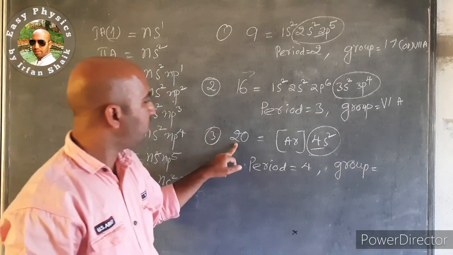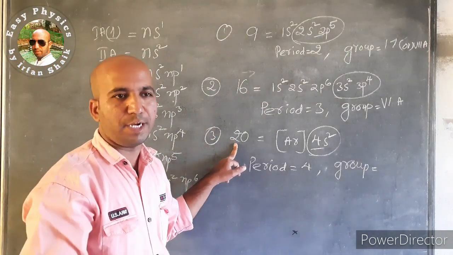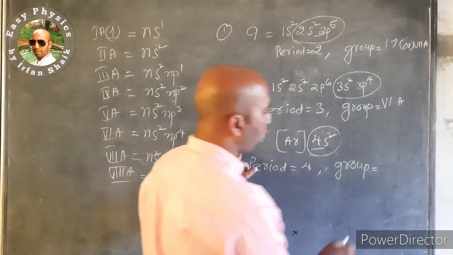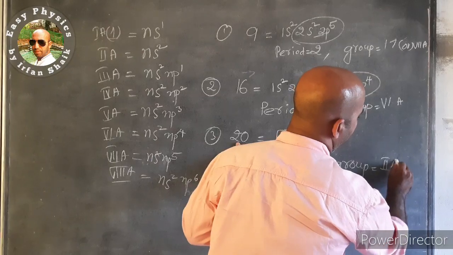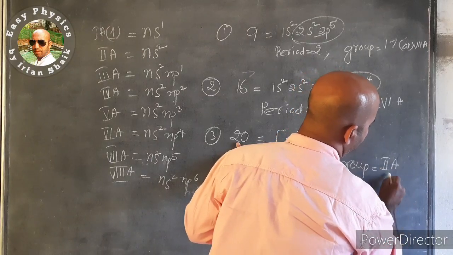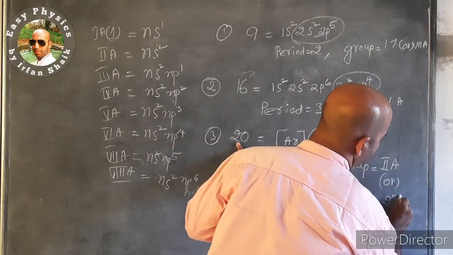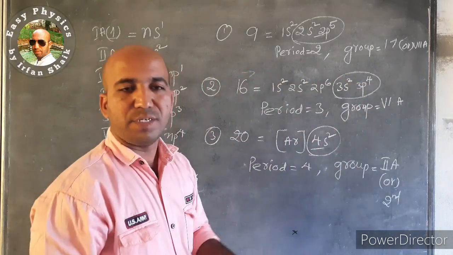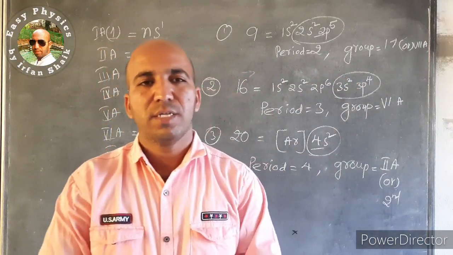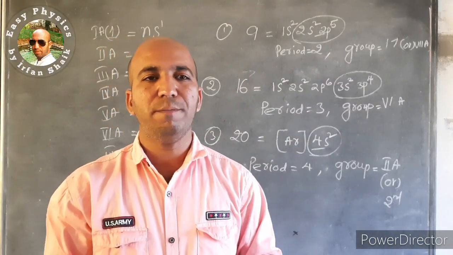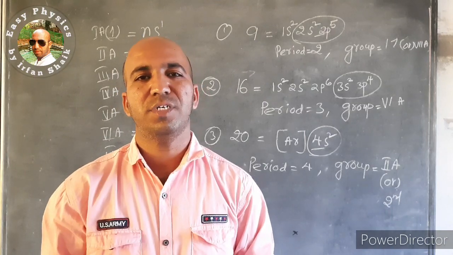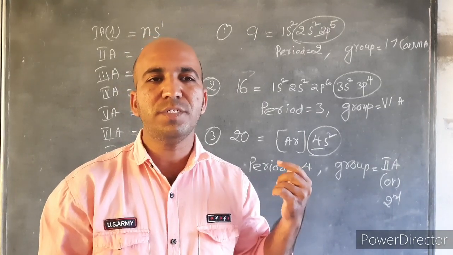That's why this element is present in the second group, or 2A group. Like that, we can find the period number and group number of any element easily by using these tricks.